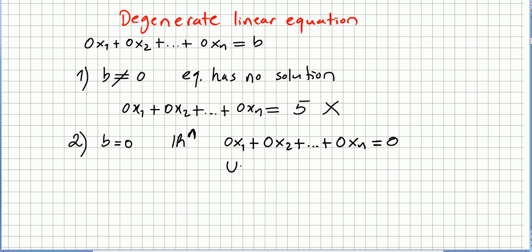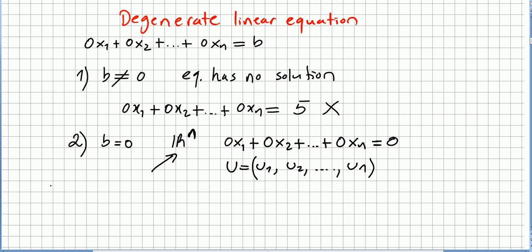Any vector you put here, u1, u2, un, any vector you put here times 0, you will be getting 0. So every vector in the Rn vector space will be a solution to this degenerate linear equation.